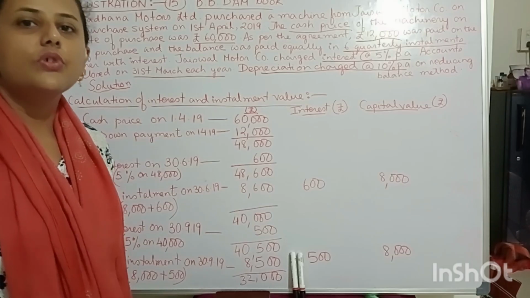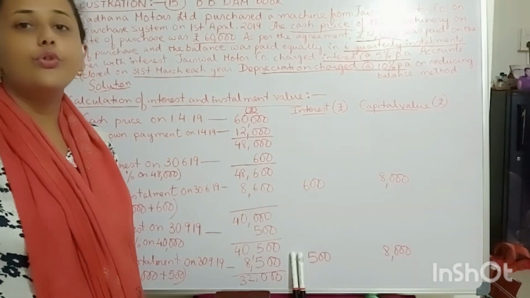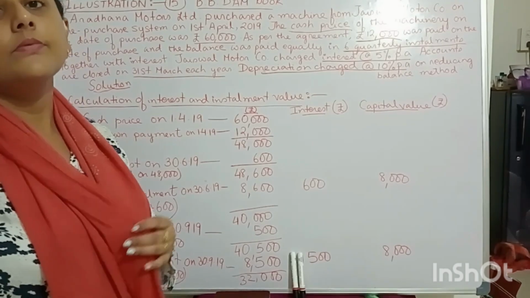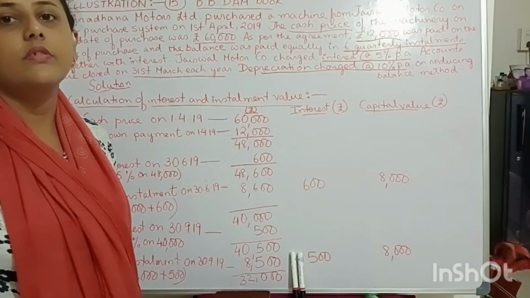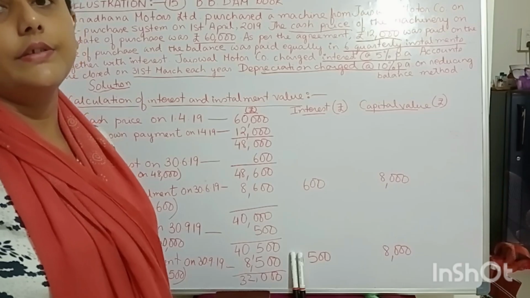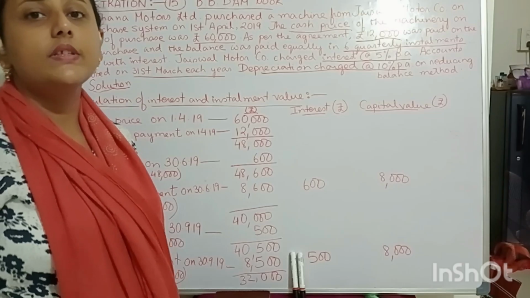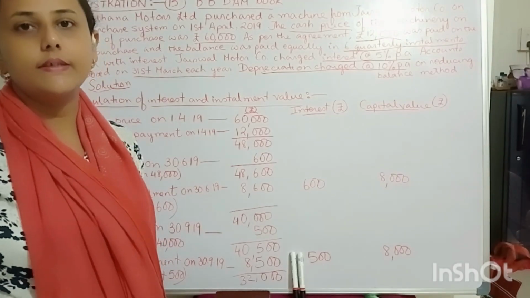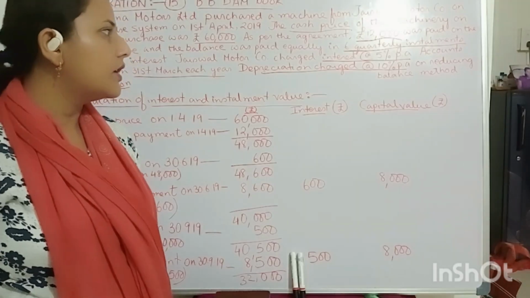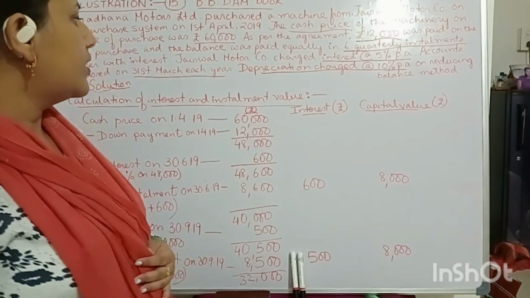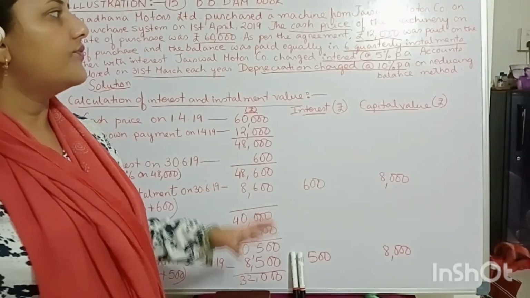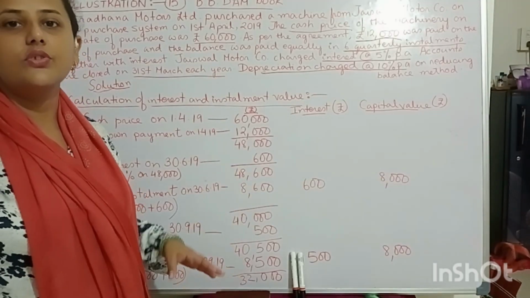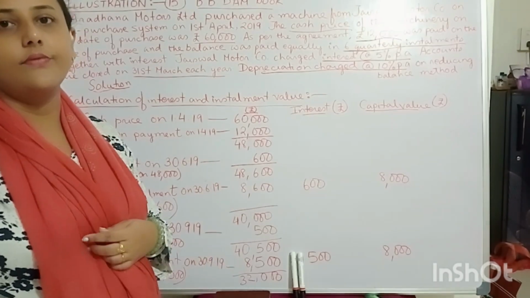Here I am just going to show you how the installment amount and the amount of interest are calculated when the installments are paid on quarterly basis. For 2 installments, 2 quarters, I will show; then for the next 4 quarters you are going to do it by yourself.